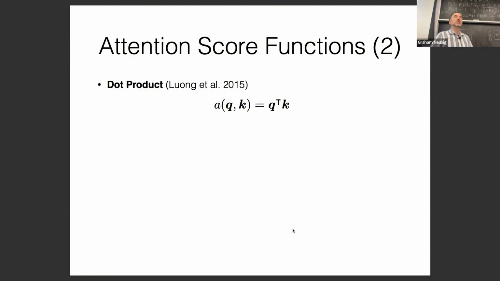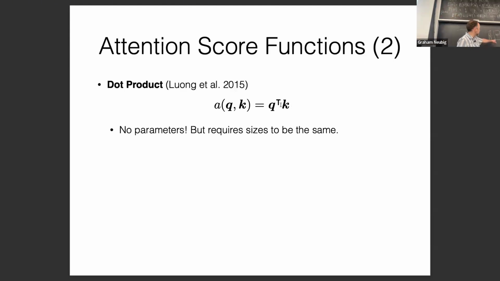So this is also not quite good enough for attention. Another disadvantage is that the query and key vectors need to be the same size, whereas with the bilinear function, you can make this a non-square matrix and change the size of the vectors. That's another disadvantage, but the main disadvantage is just the inflexibility.